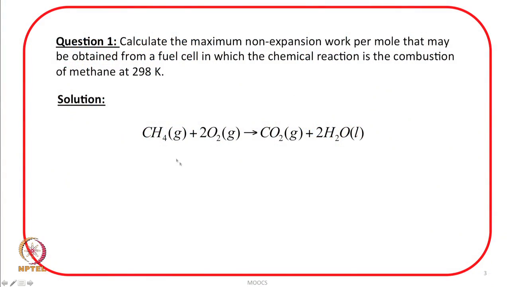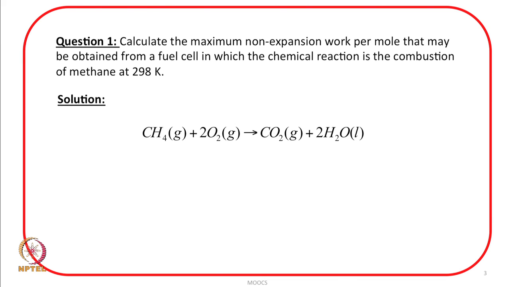The chemical reaction is combustion of methane. This reaction represents combustion of methane: methane plus 2 moles of oxygen forming carbon dioxide plus 2 moles of water. And we are interested in knowing delta G for this reaction.